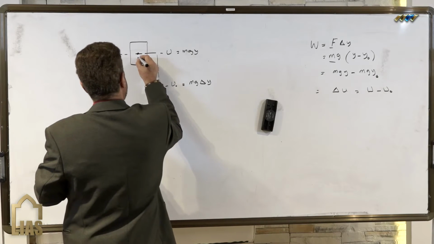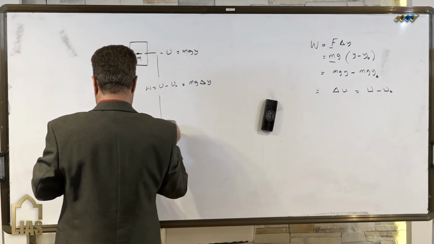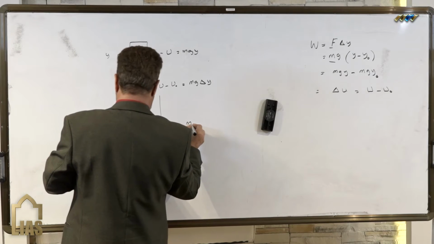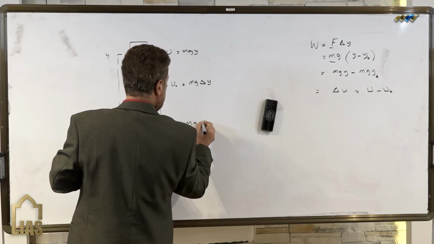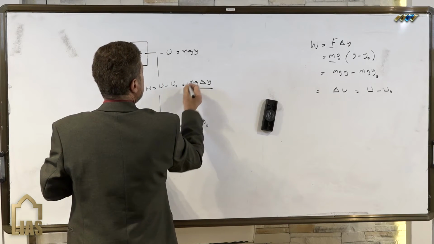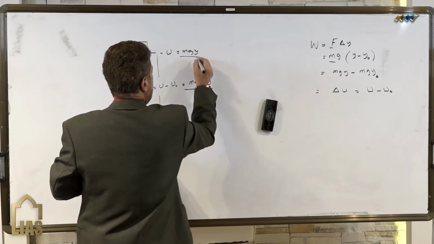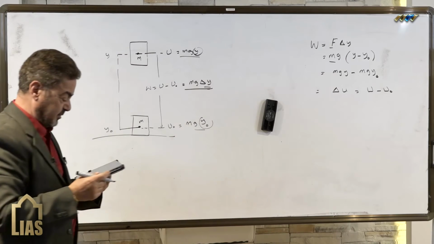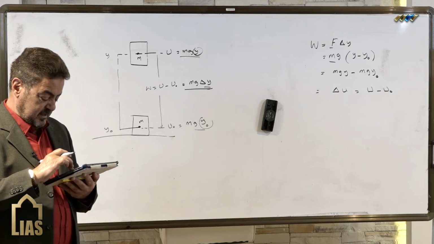This is the same m. And here U0 is equal to mgy0, and from here to here is the delta y.